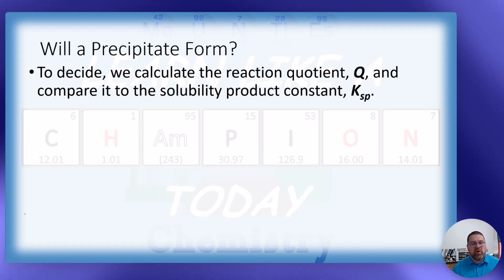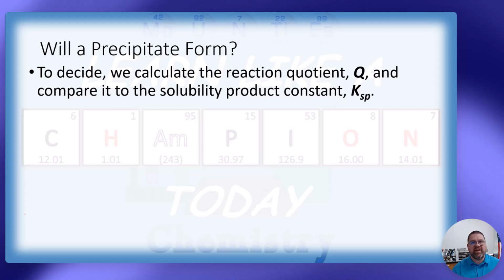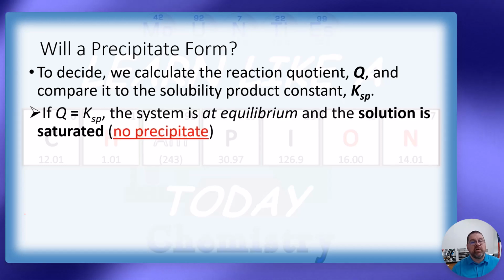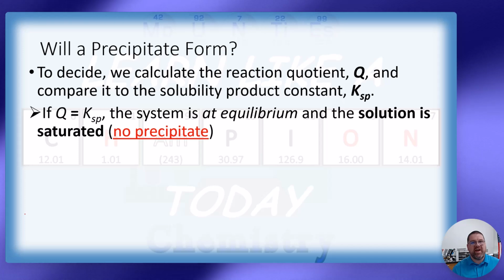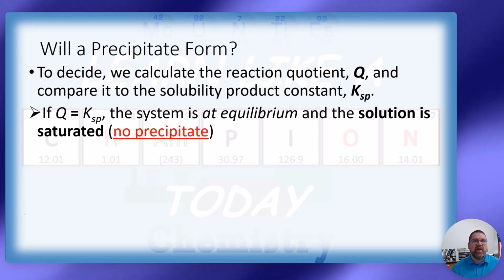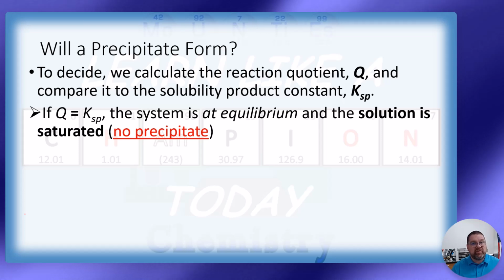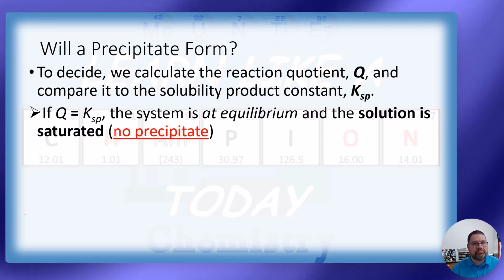And the whole premise here is we compare the actual concentrations at the moment through the reaction quotient with what that KSP value is. So if we calculate with the actual concentrations and we find that the Q value is equal to the KSP, then we're at a state of equilibrium. And we would not find a precipitate there because we would have a saturated solution.